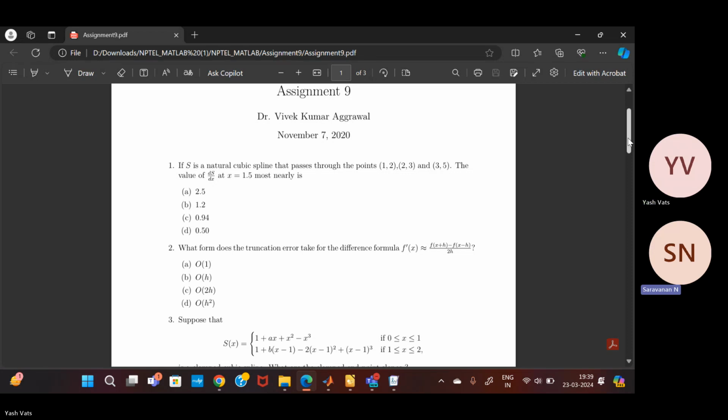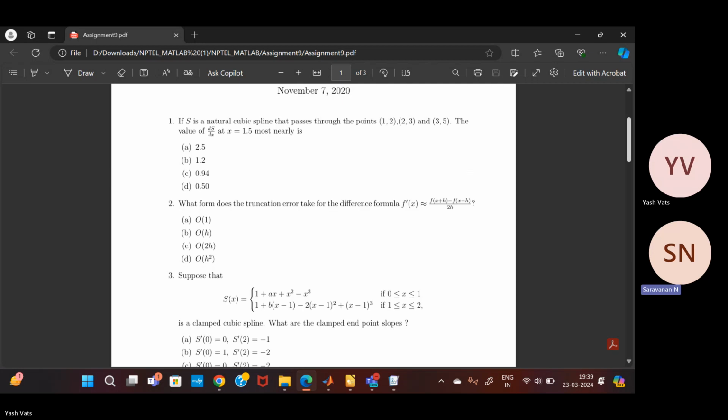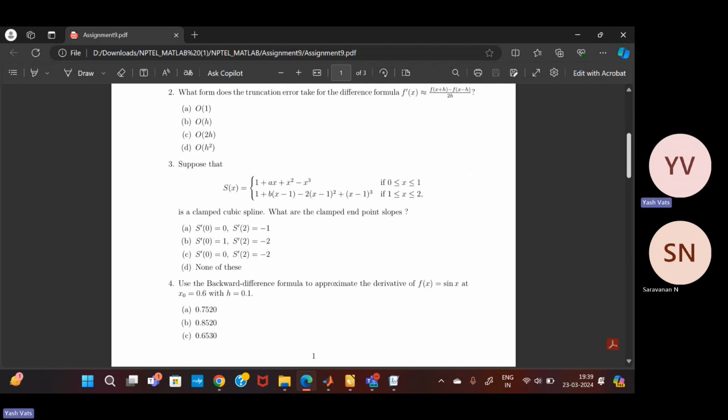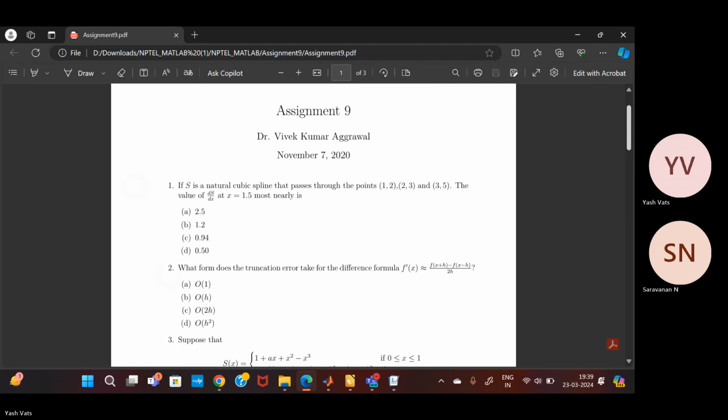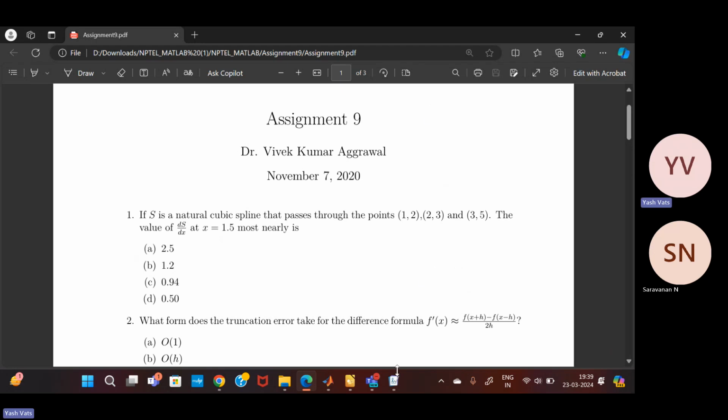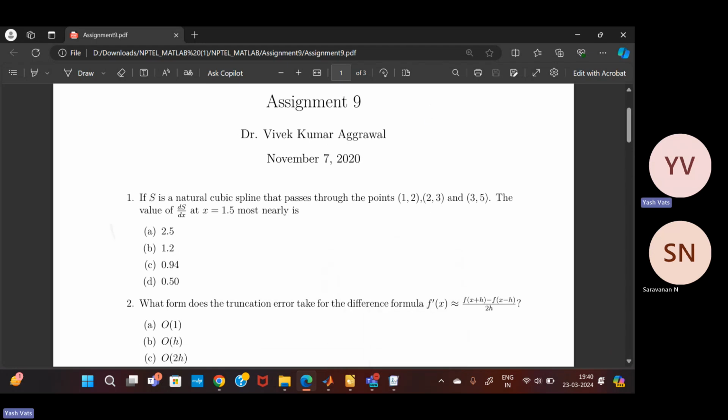But these equations we are seeing now, like truncation errors, were not discussed. At least the first three to four questions are on truncation errors. So let's try the first question in this assignment.